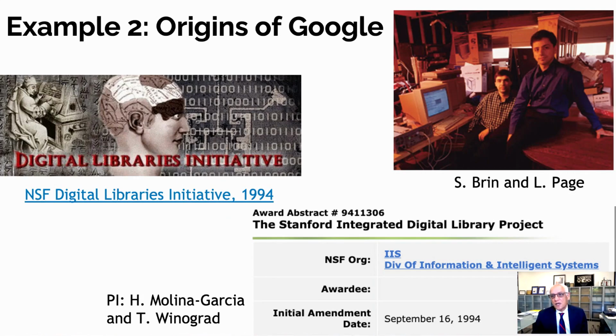NSF launched an initiative in 1994 called the Digital Libraries Initiative. The idea was, how can we use these digital technologies to take all the human knowledge that's in our libraries and make it digitally available? It was a very forward-looking program, which funded, I think, 6 projects.